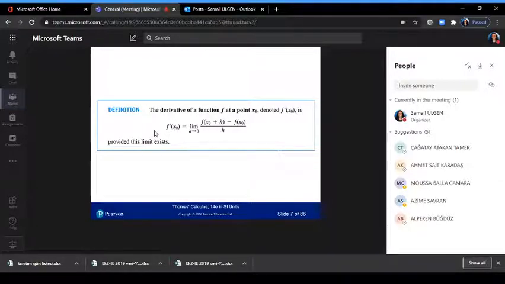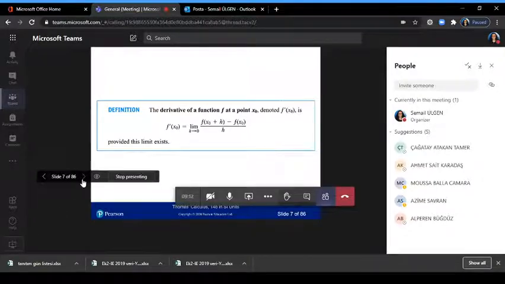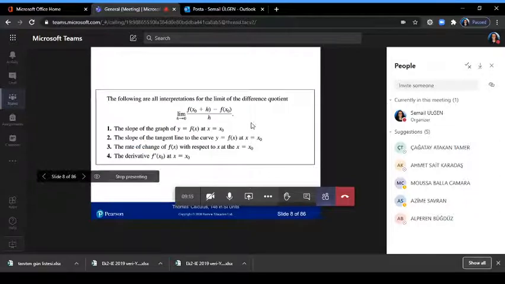Before we would call it the slope of the tangent line, but we give it a general name, which is the derivative of function f at the point x0. Another thing is, as x0 changes, this value changes, so we can look at the derivative as a function. But before we do that, let's repeat what we just talked about.